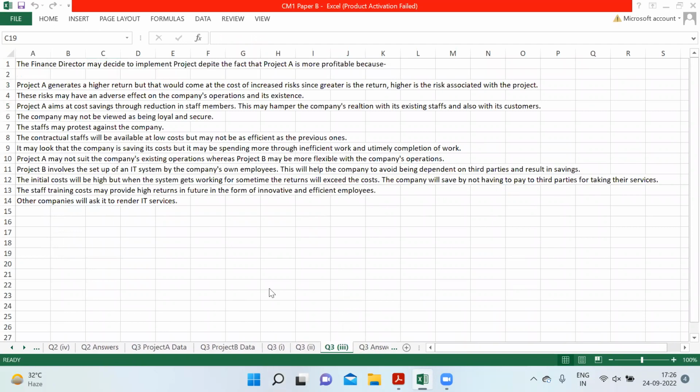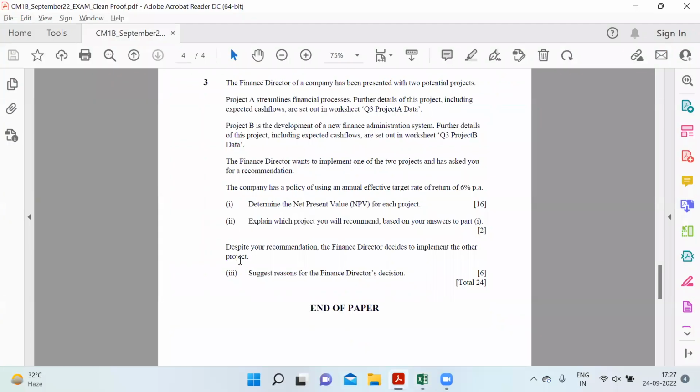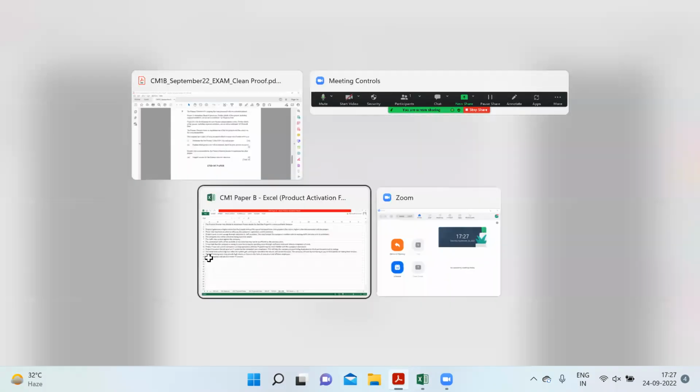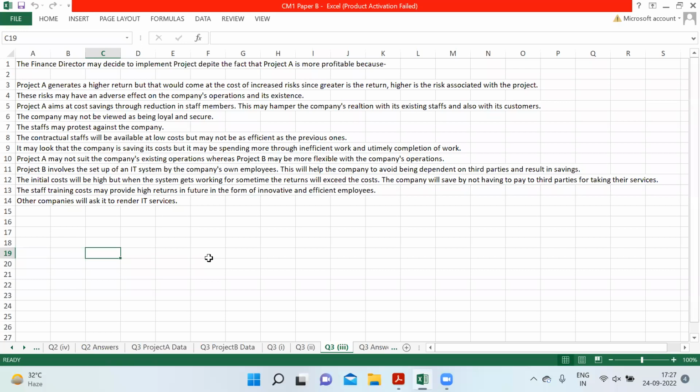Now it is saying to suggest reasons why the finance director might decide to implement the other project, project B. Project A generates higher return, but the initial cost of investment and risk is higher in that. And project A has a cost saving through reduction in staff members.